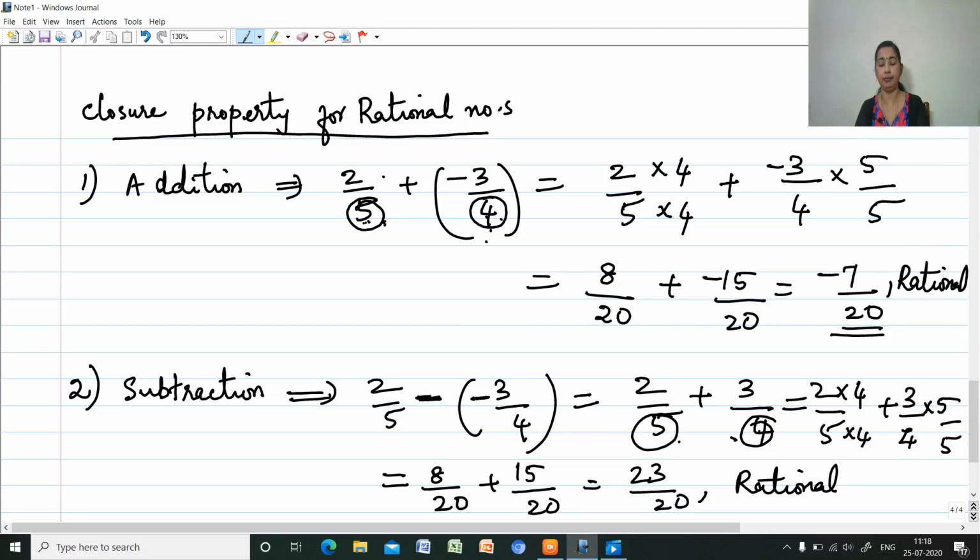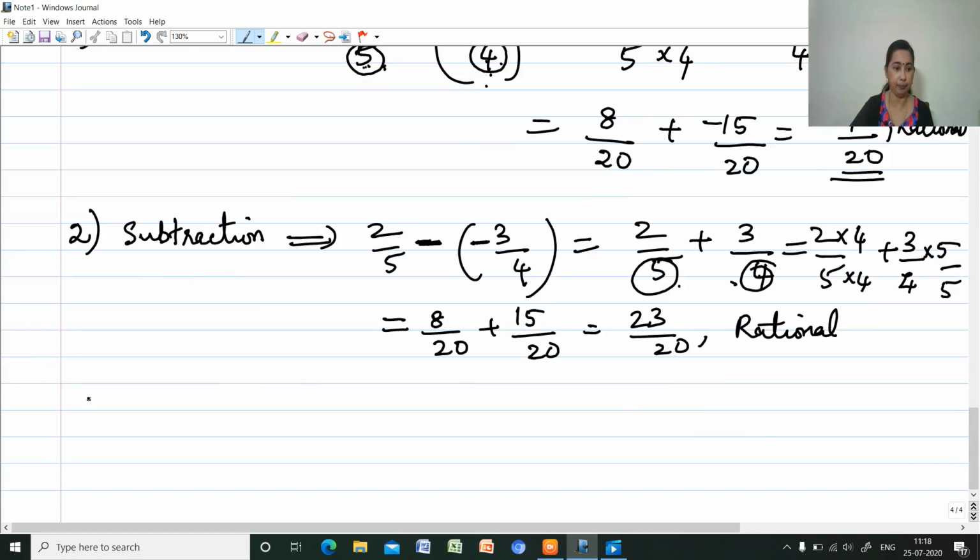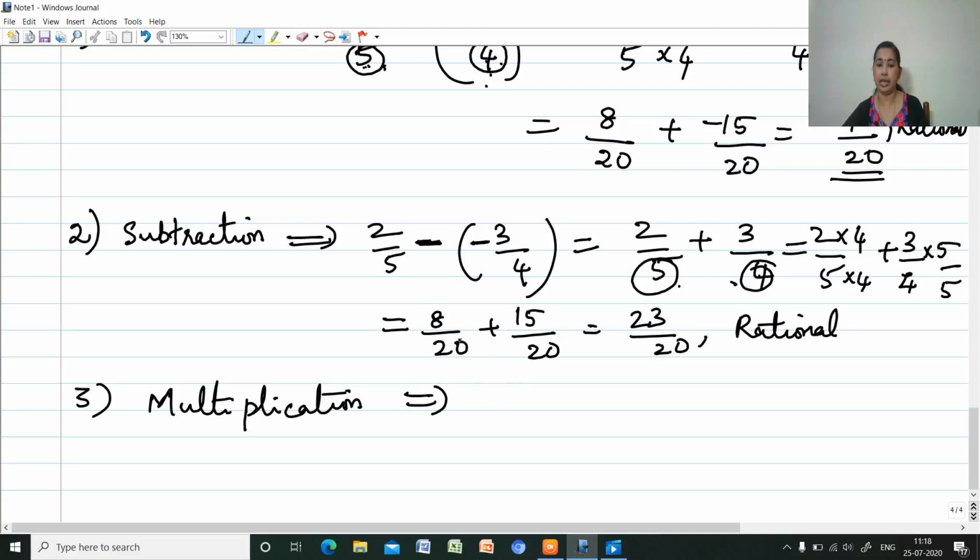Now, the third thing we have to check is multiplication. We'll take two rational numbers, the same rational numbers, 2 by 5 and minus 3 by 4. You can multiply like this: numerators can be multiplied, denominators can be multiplied. It becomes minus 6 by 20.